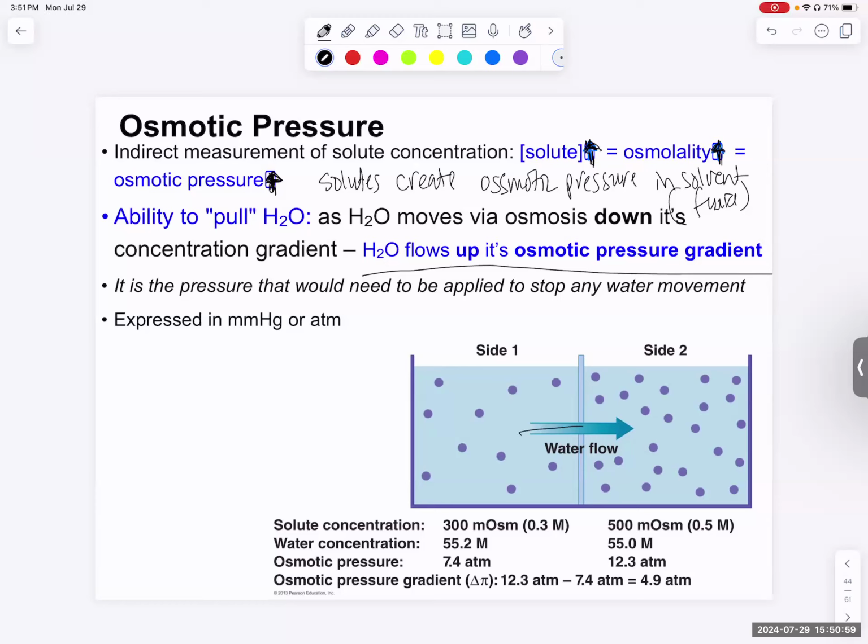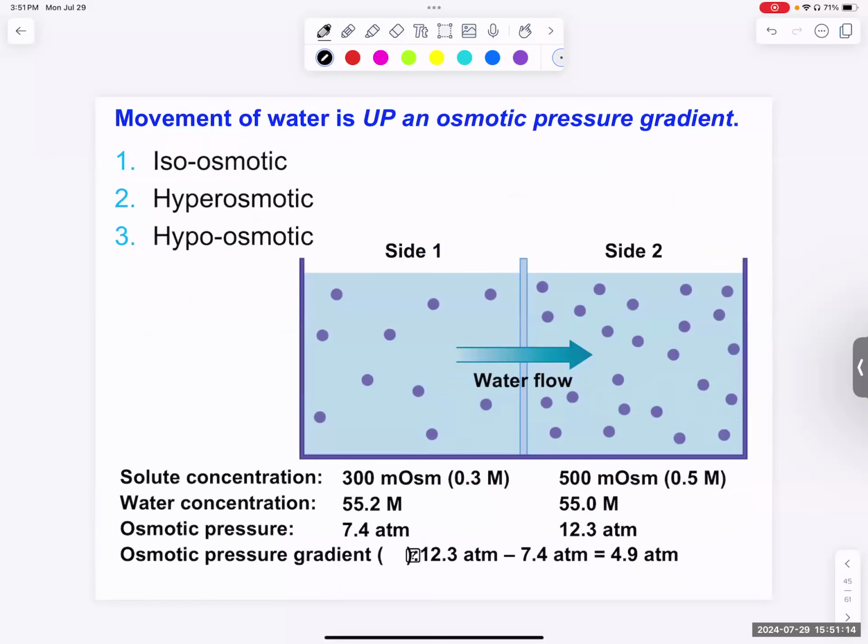Why? Because those molecules pull the water towards them. And that's that osmotic pressure. So if it's 300 millimoles on this side and 500 here, water's going to move up. And so water moves up the osmotic pressure gradient.